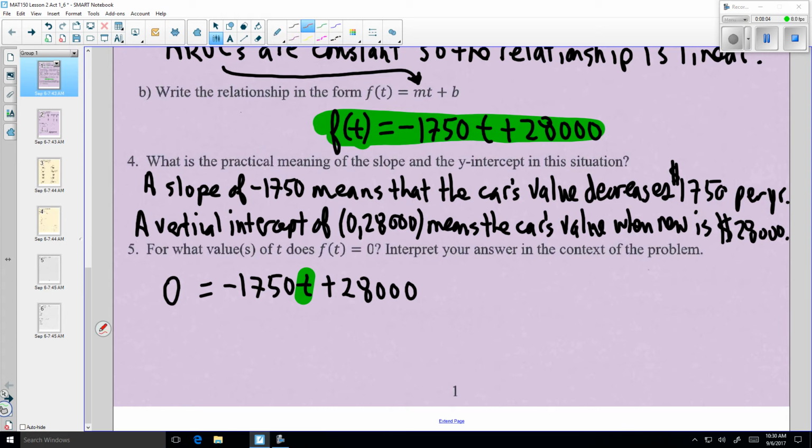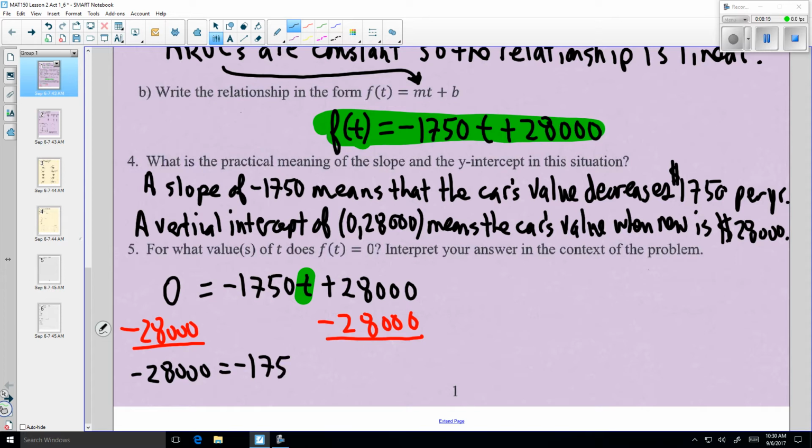So we have to undo the add 28,000 by subtracting 28,000. That gives us negative 28,000 equals negative 1750t, because obviously these are opposites. And now we're going to undo the multiplication by negative 1750.